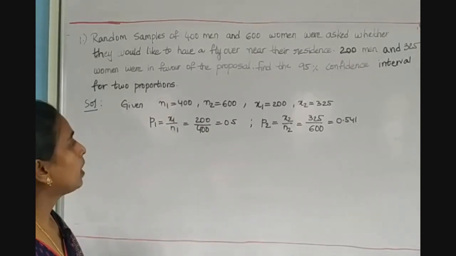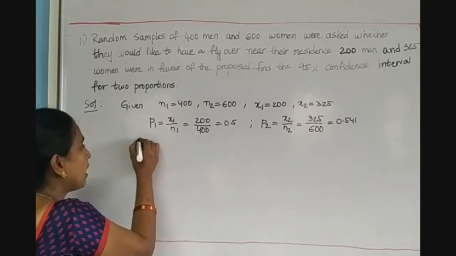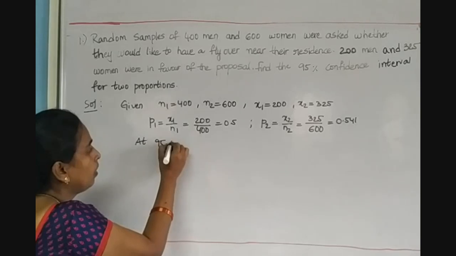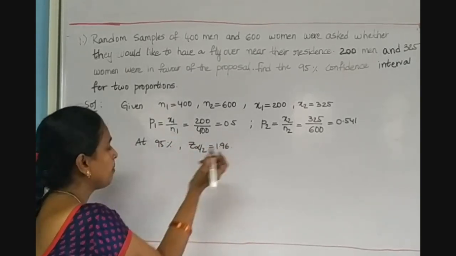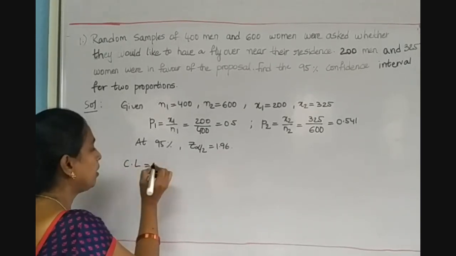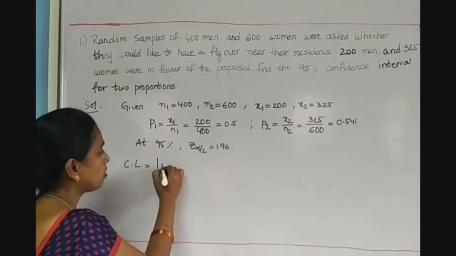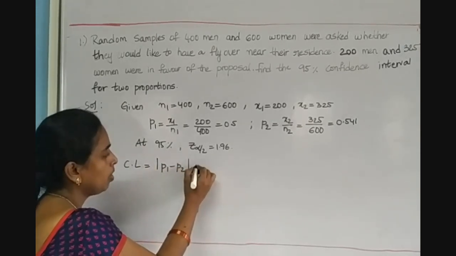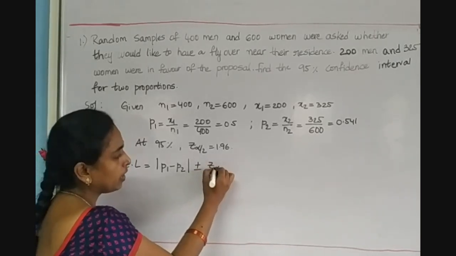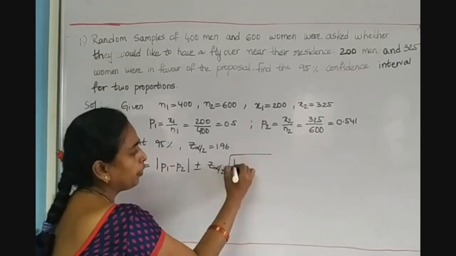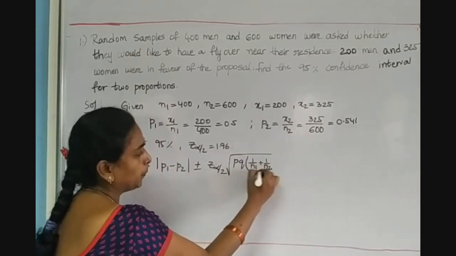Here they asked to find the 95% confidence interval. At 95% confidence, Z alpha by 2 value is 1.96. We know that the confidence interval for two proportions is modulus of P1 minus P2 plus or minus E. Here E is Z alpha by 2 into square root of PQ into 1 by N1 plus 1 by N2.